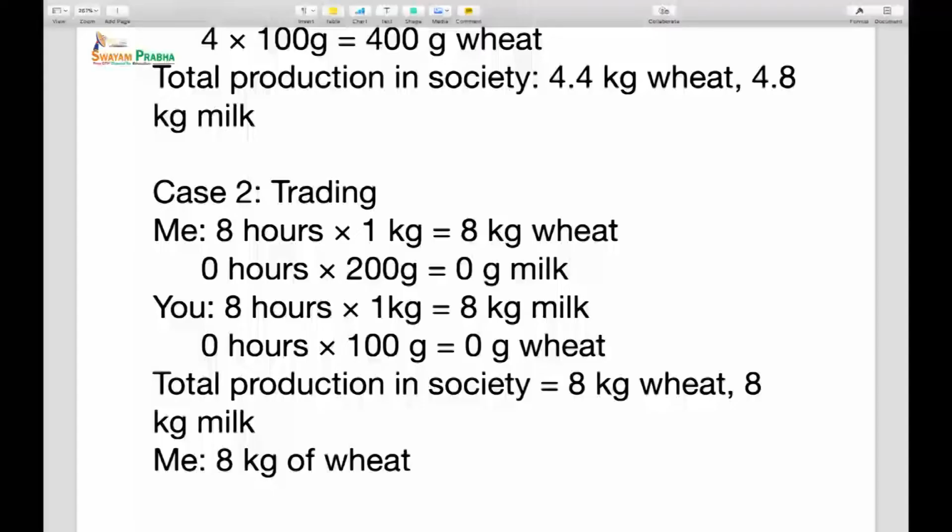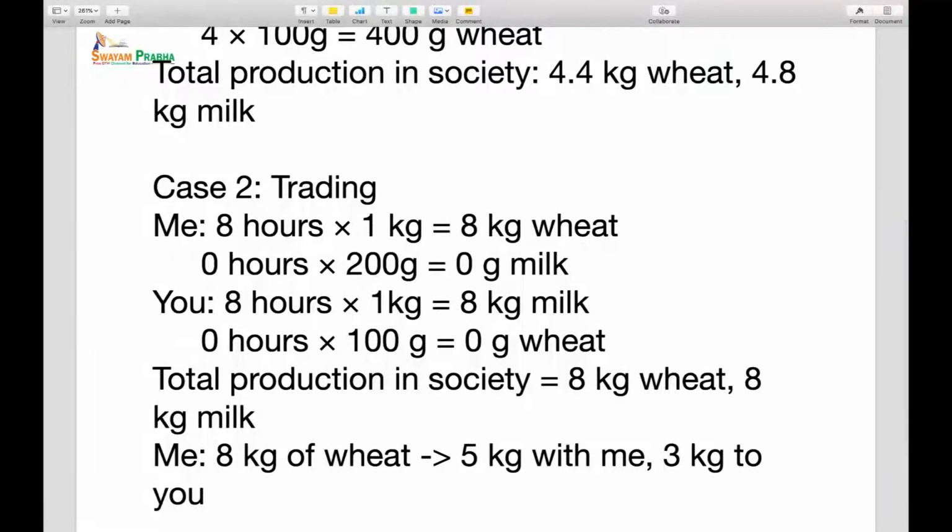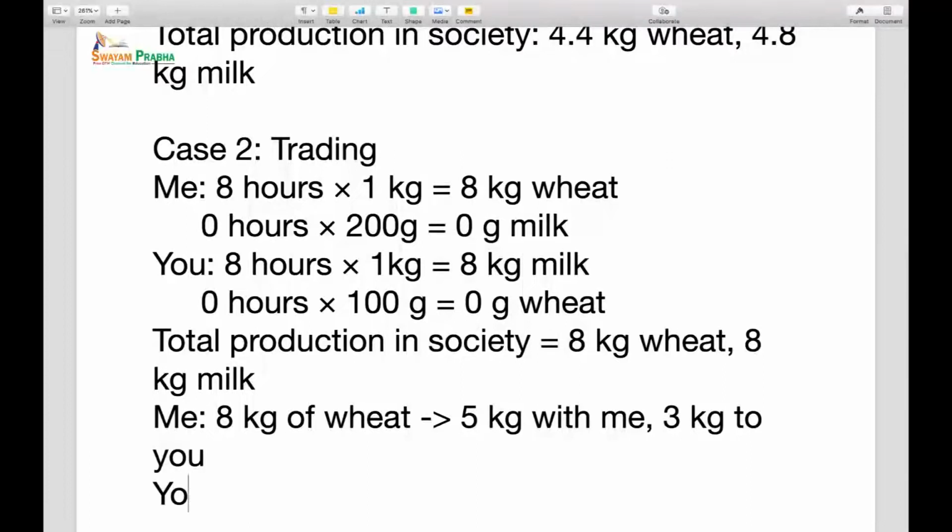But in the first case, the total production is less than 5 kg of wheat and less than 5 kg of milk for both of us combined. Whereas in the second case, it is 8 kg of wheat and 8 kg of milk. Out of this 8 kg, I keep 5 kg with me, and I give 3 kg to you. What do you do?